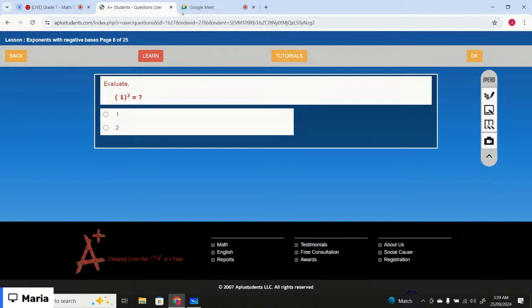Negative 1 square, which is the correct option? The correct option is option number 1. That is 1.